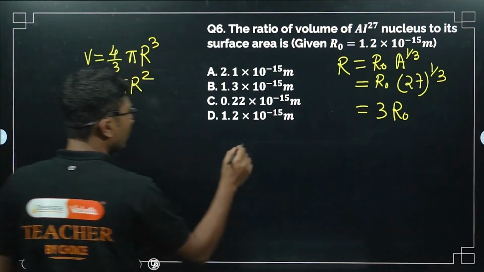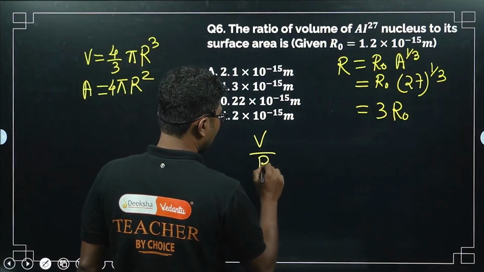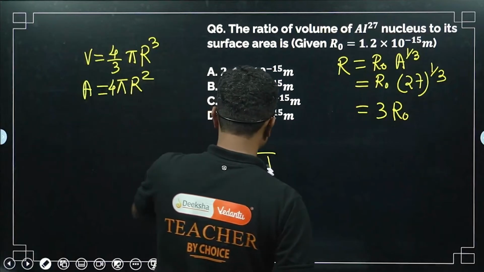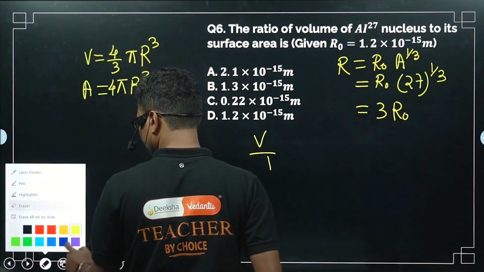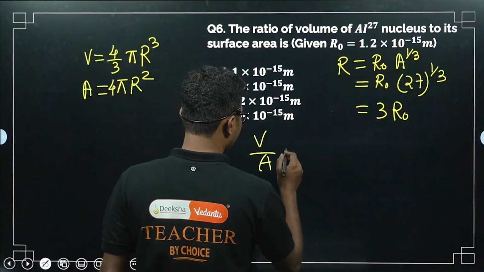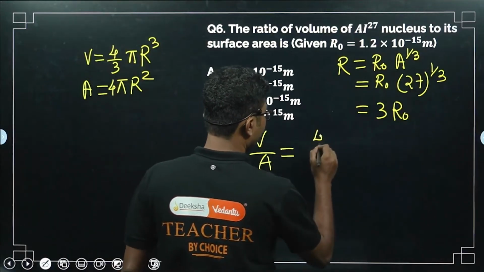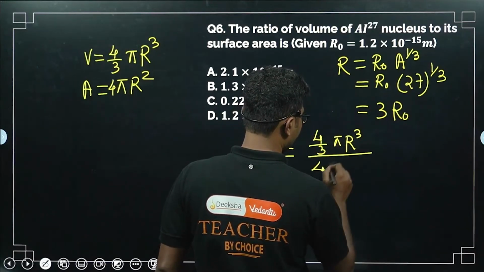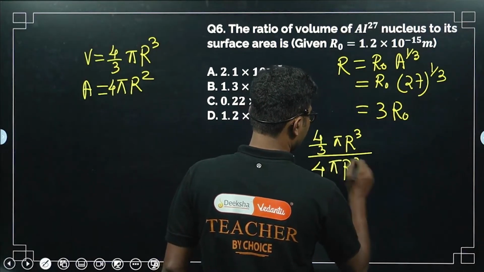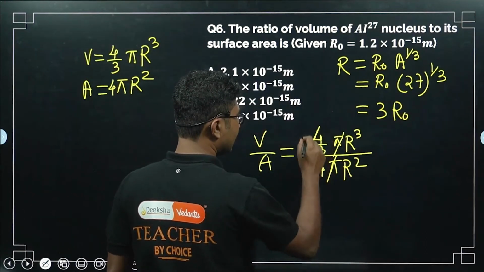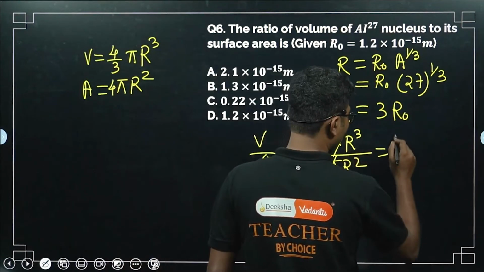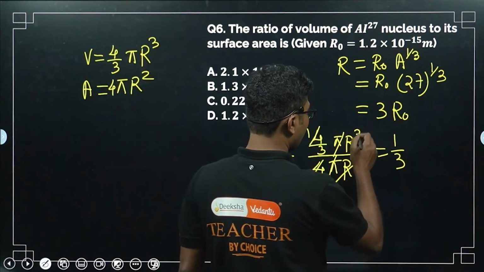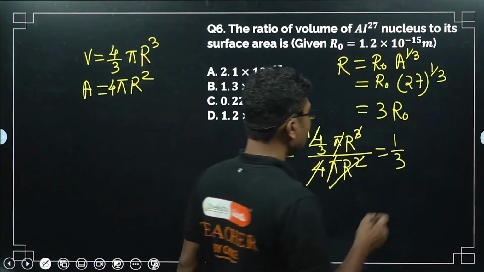So if you find the ratio volume by area, it can be calculated as 4/3 pi r cube divided by 4 pi r square. So pi cancels, this 4 will cancel, this 1/3 will remain, don't mess it up, this 1/3 will remain like this, and one r square will cancel, it will only be left with r.